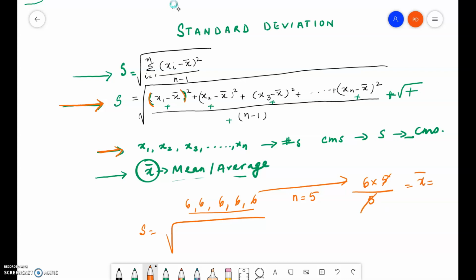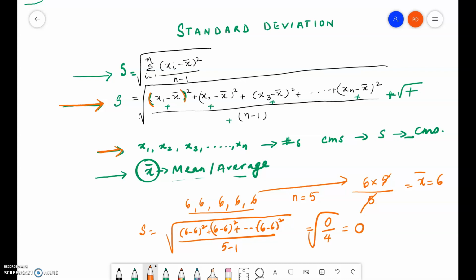So x bar equals 6. So notice that if we plug that into the formula, it would be first number 6 minus x bar, which is 6, the whole squared, plus second number 6 minus x bar 6, the whole squared. So notice that each of these numbers is a 6 minus 6 the whole squared, and divide by 5 minus 1. So that would really be a 0 over 4, which is equal to 0. So if all the numbers are the same, then the standard deviation would have to be 0.